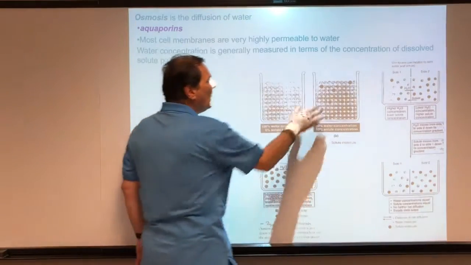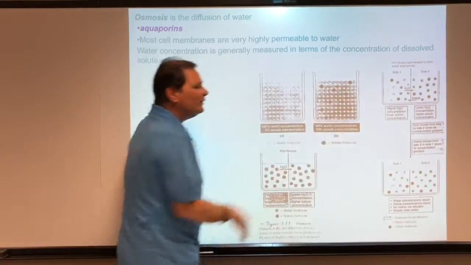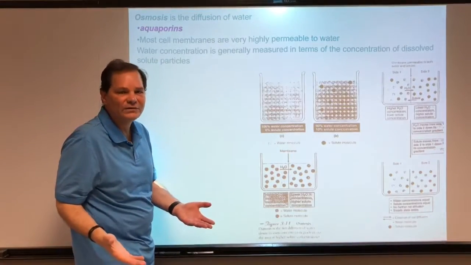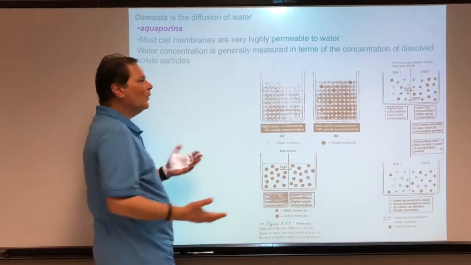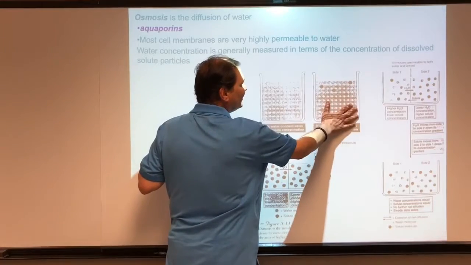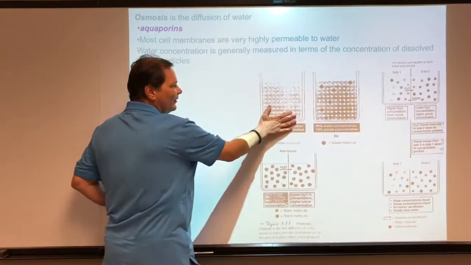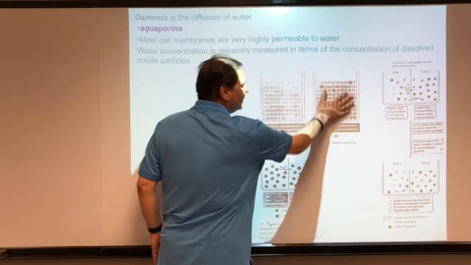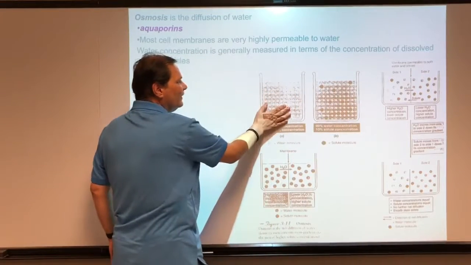So the water concentration in beaker 2 is lower than in beaker 1. So we say that beaker 2 has a higher osmolarity than beaker 1, and what that means is it has a lower water concentration than beaker 1.